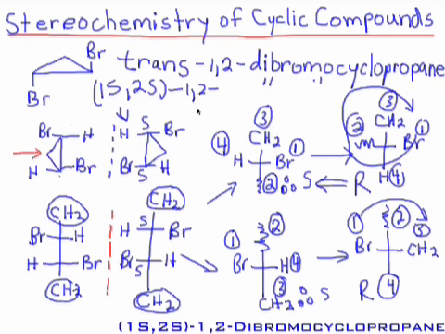So this would be 1S,2S, and that would be a more accurate description because it would be naming one specific enantiomer. So when we're talking about trans 1,2-dibromocyclopropane, there are 2 enantiomers. They are non-superimposable mirror images. They're both trans 1,2-dibromo, so trans exists as 2 enantiomers. And if you want to name them individually, you'd have to use RS nomenclature to name them more accurately.